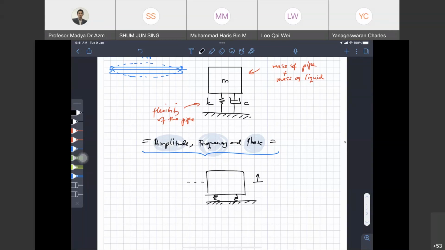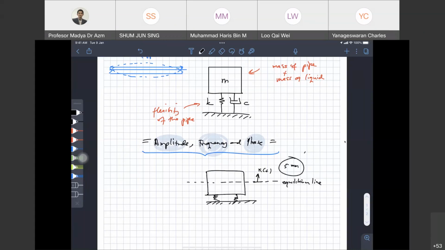So if you have the machine, this is the equilibrium line. So the machine is vibrating vertically. Vibrating vertically, the amplitude is 5 millimeter, let's say.